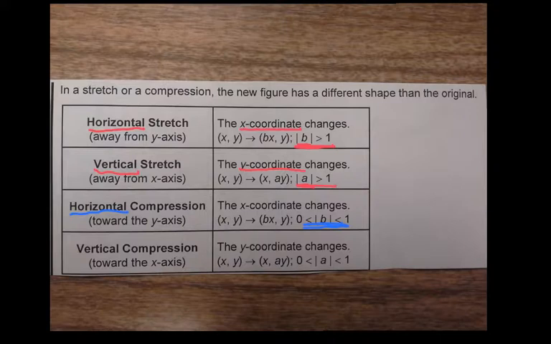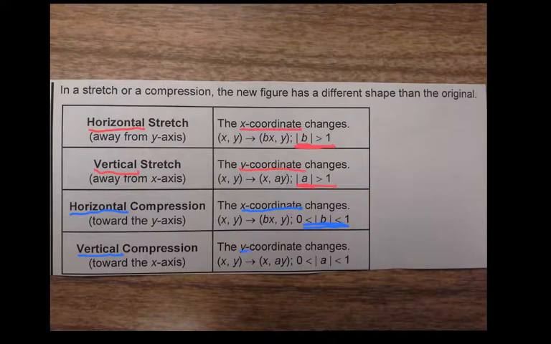Horizontal compression means you are going to change the x values. So you multiply x by the factor of b. So when the factor is less than 1, it's compression. Y stays the same.